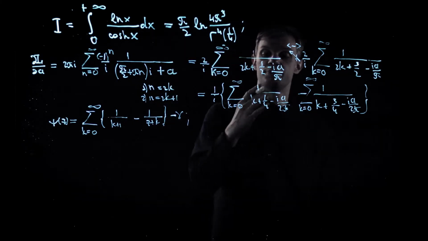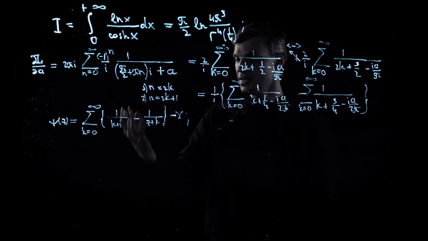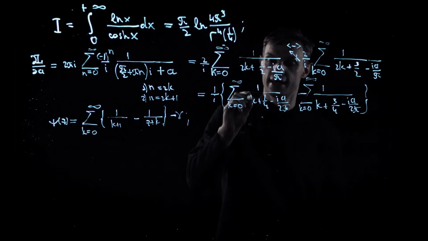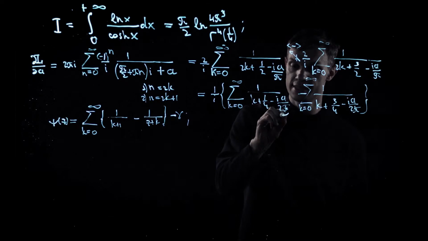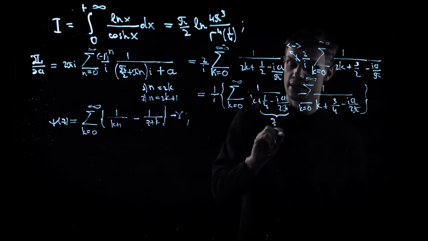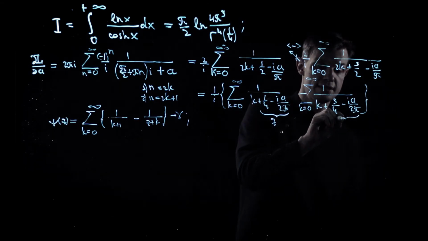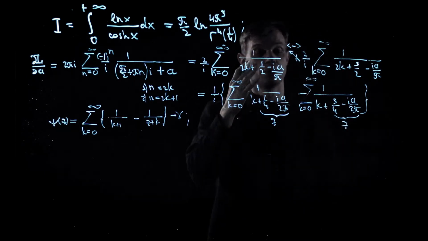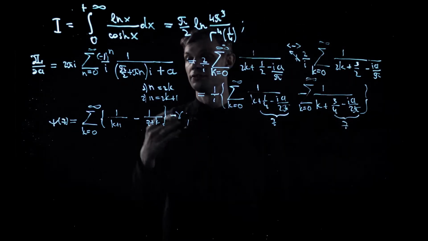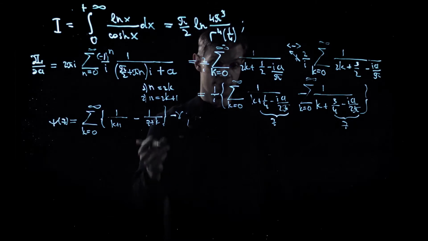And here we see precisely a very similar combination. Namely, there is this k plus z in one case and another z in the other case. So what we see here is basically the difference of two digamma functions.